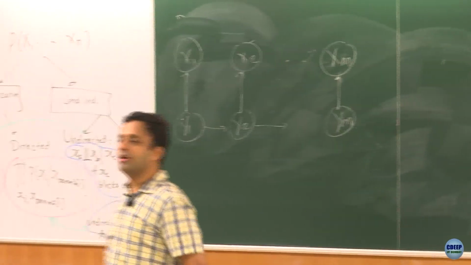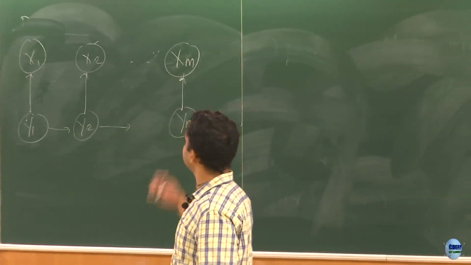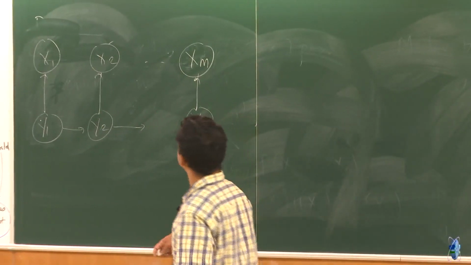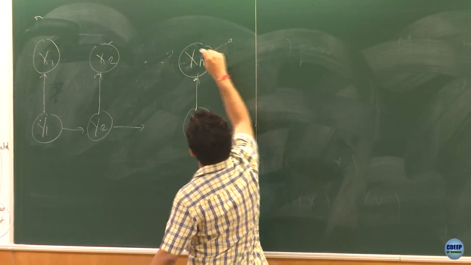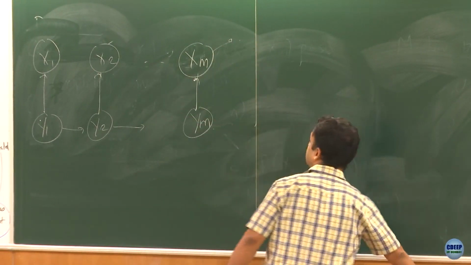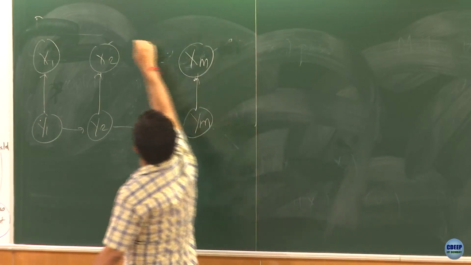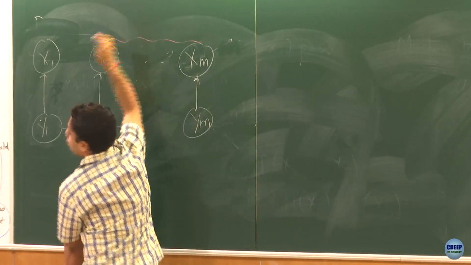In the case of hidden Markov models, we are looking at x and y being discrete random variables. So each of these x can take some discrete values. In the case of your assignment today, these are words.